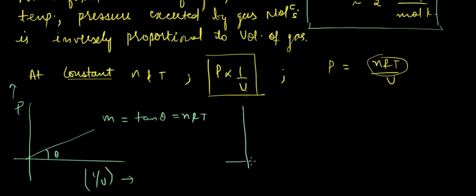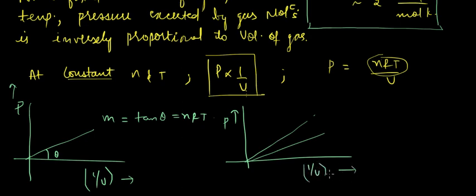So for different values of n and T, we can have different values of slopes as well. So again, P and 1 upon V can have different slopes. Okay, so this is at n1 T1 and this is at n2 T2.